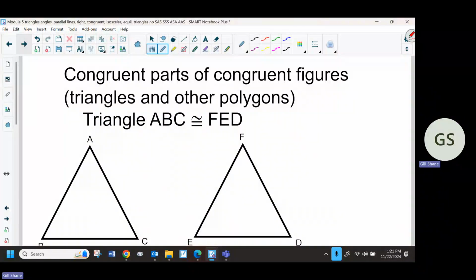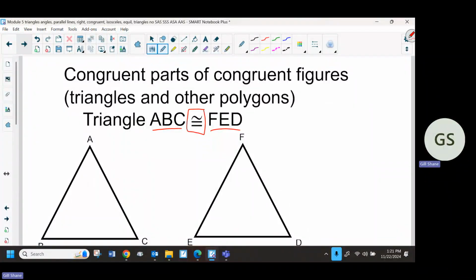We're going to start with triangles, but this will continue when we get into other shapes. If I give you two triangles and I tell you that they are congruent, so if you don't remember the symbols, write that symbol, that means congruent. The difference between congruent and equals has to do with the shapes.